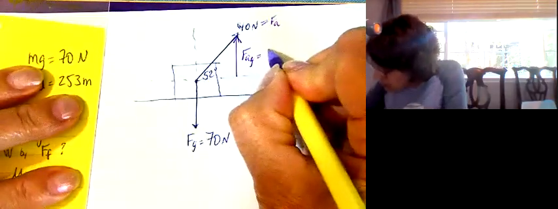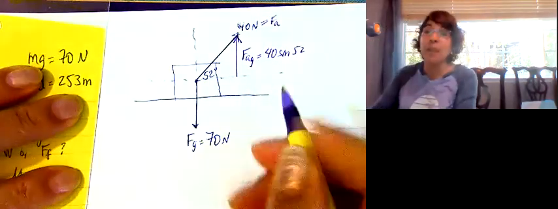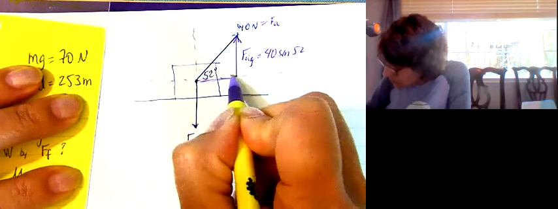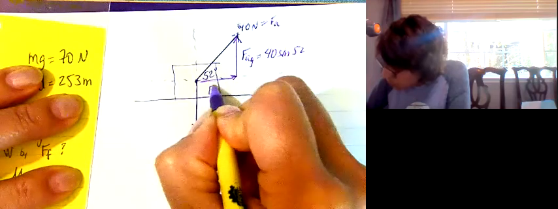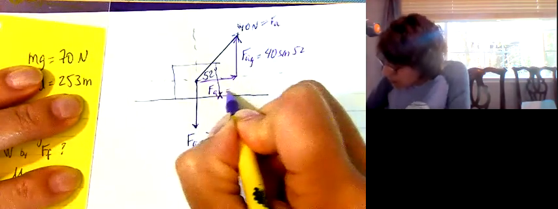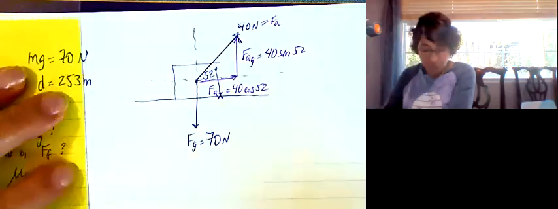So this one's going to be 40 sine of 52. And in the x direction, that's this one here, going to the right, the force applied in the x direction is 40 cosine of 52. All right, there we go.